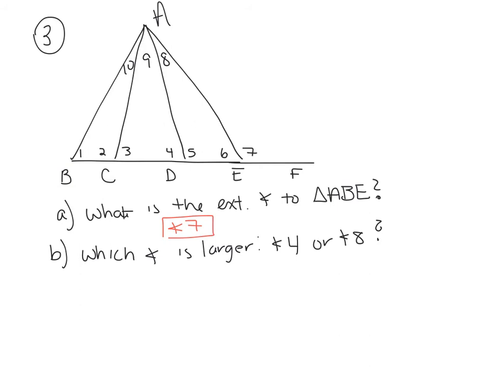I need to do some highlighting for this. Let's see, 4 and 8. Makes me think I need this triangle. Well, by doing that, hopefully you realize that 4 is the exterior angle of that triangle. Therefore, angle 4 is larger than 8.